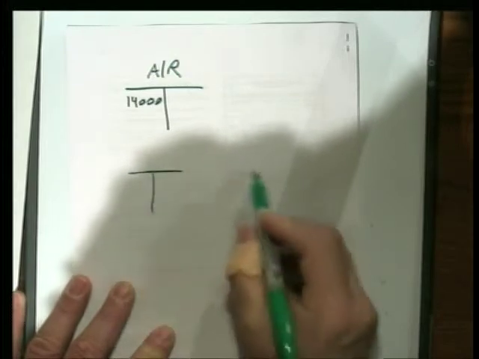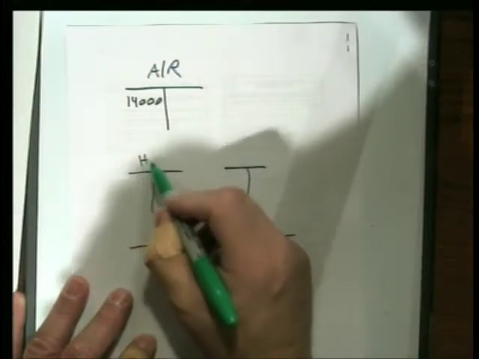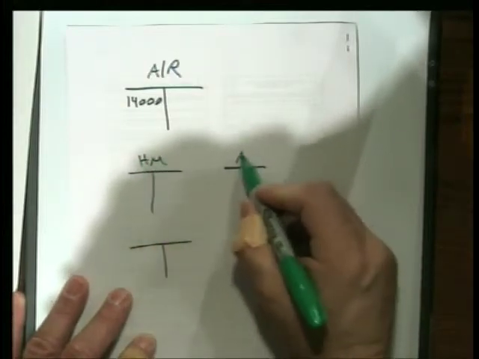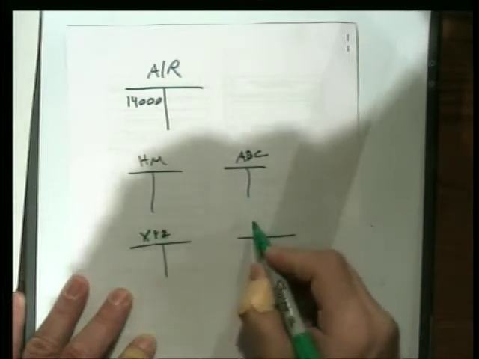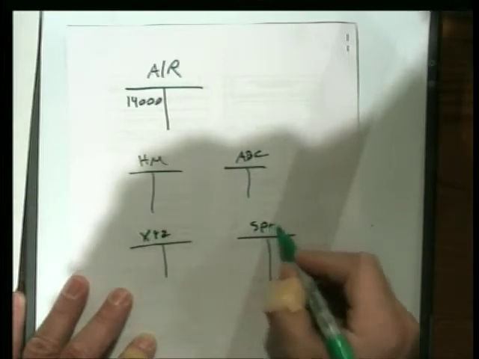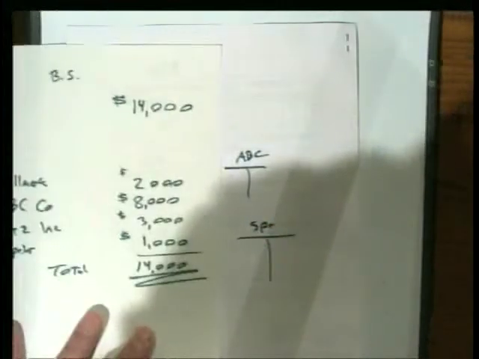And you can almost look at it as having a little T account for each customer. This is Hallmark. This is ABC. This is XYZ. This is Sprint.